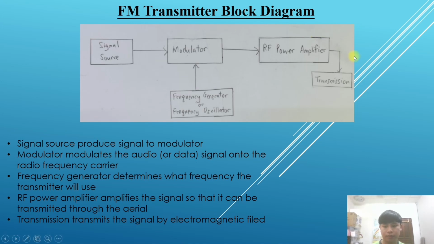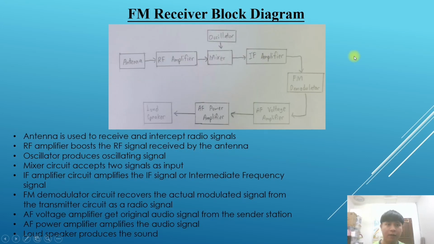Okay, next. For the FM receiver block diagram, the antenna is used to receive and intercept the radio signal, and the RF amplifier boosts the RF signal received by the antenna. The oscillator produces an oscillating signal, and the mixer circuit takes the two signals as input.